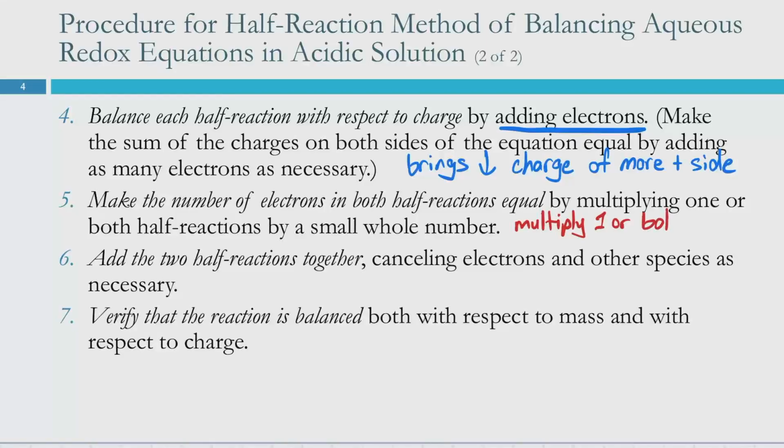So we are going to multiply one or both reactions so electrons are equal. Sometimes we don't have to multiply either of them. Usually we'll have to multiply at least one of them. Sometimes we have to multiply both of them.